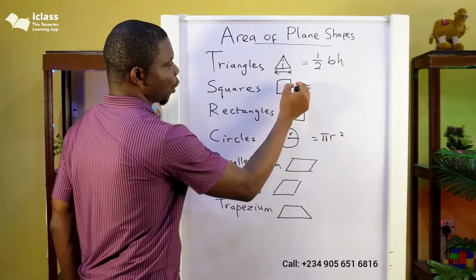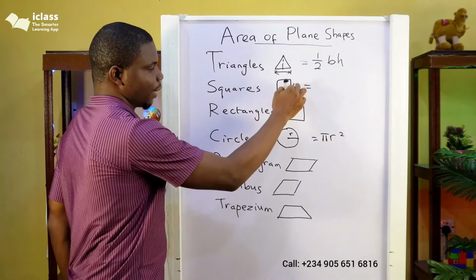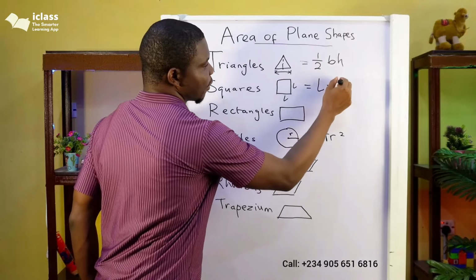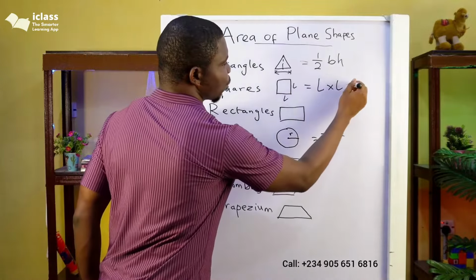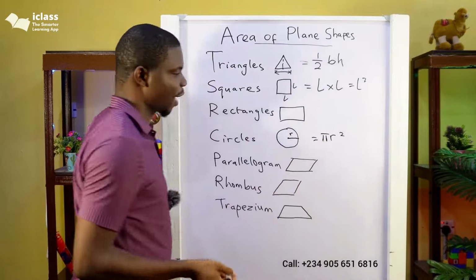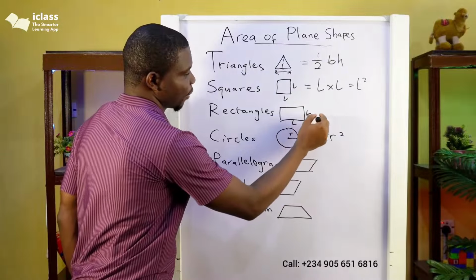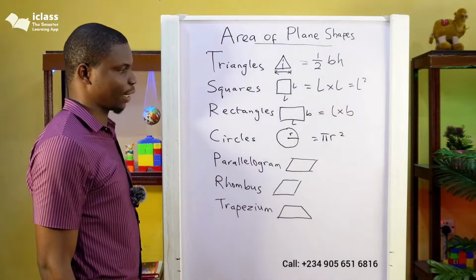A square has equal sides. So if this is length, this will also be length. Length times length. And we can write it in index form as L raised to power 2. How about rectangle? Length times breadth. That is the formula for area of a rectangle.